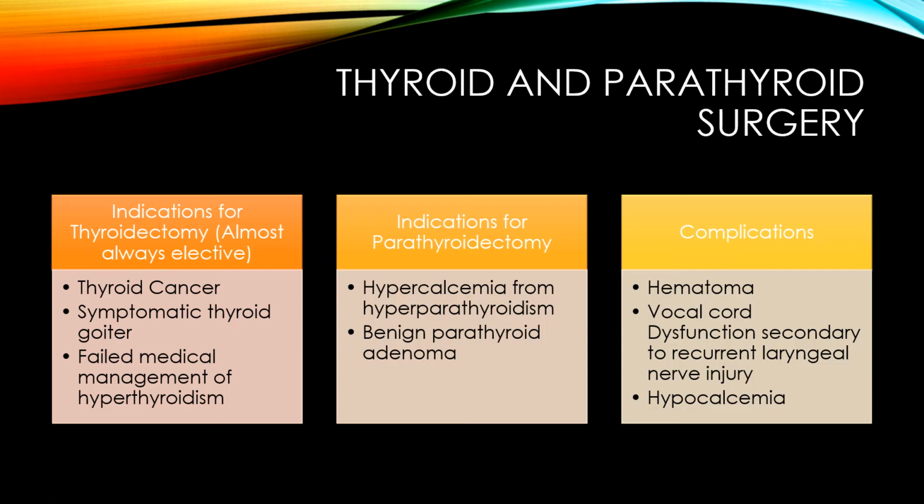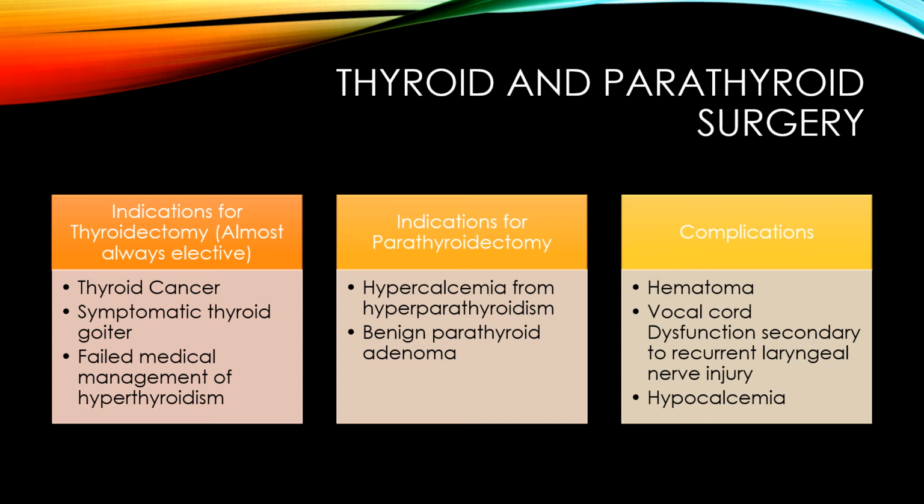So what are indications for thyroid and parathyroid surgery? These procedures are almost always elective, as there's often a medical management component that is available to treat these diseases. And if that fails, that's one of the indications for a thyroidectomy or parathyroidectomy.